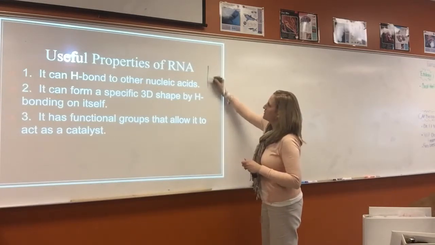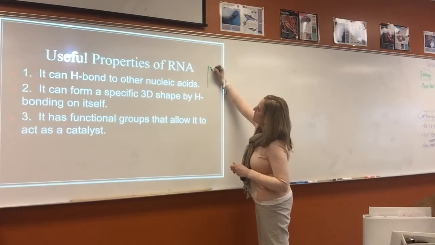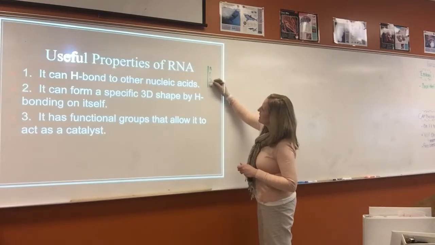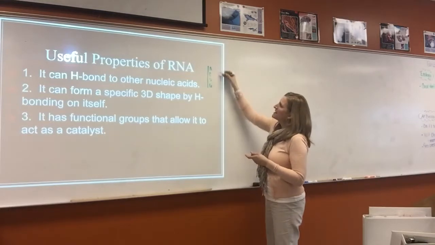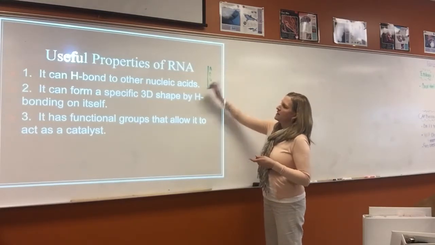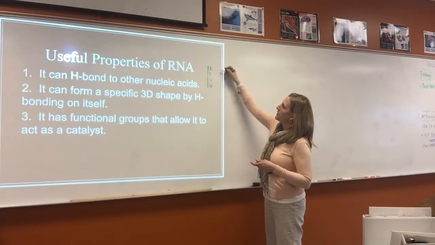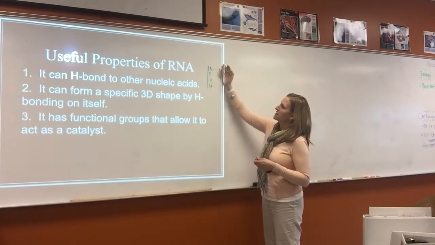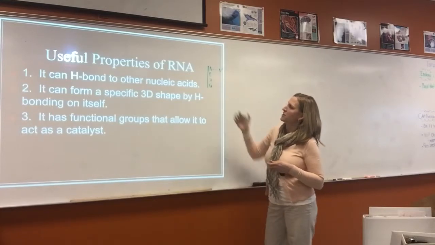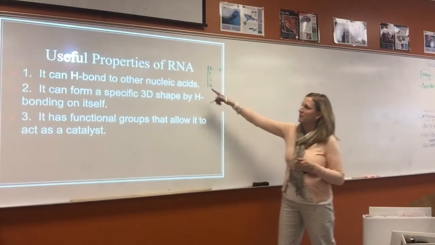So if this is your RNA with the sugar phosphate backbone, and you have A's, C's, U's, and G's hanging off of it, this is one like an mRNA or a tRNA. Since it's single-stranded, then they can form hydrogen bonds. So if there's a base with a U, this A can bind to it because it doesn't have another side to it, and so it can hydrogen bond with 2 other nucleic acids.